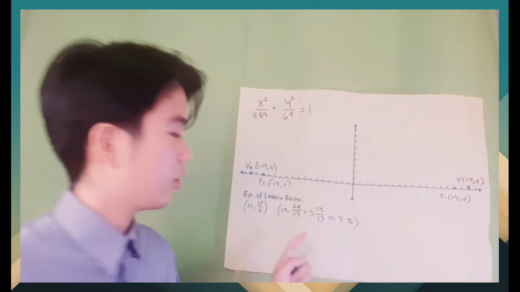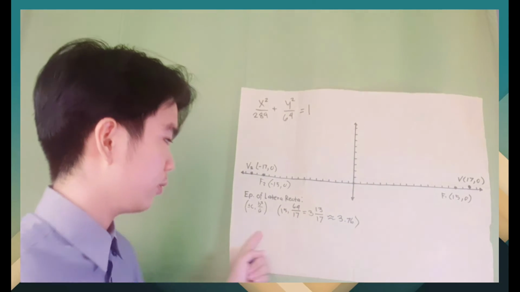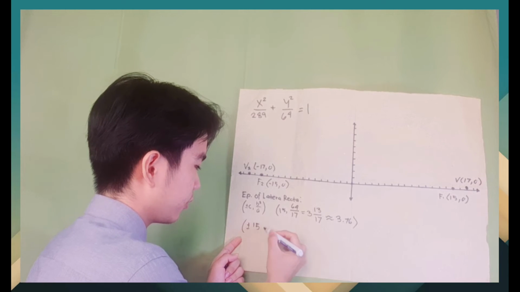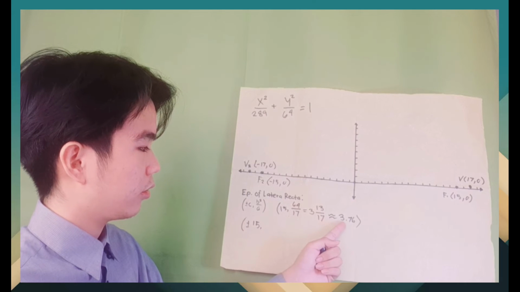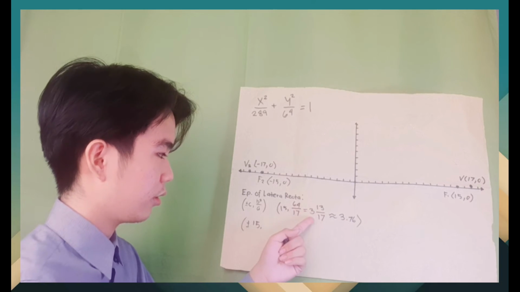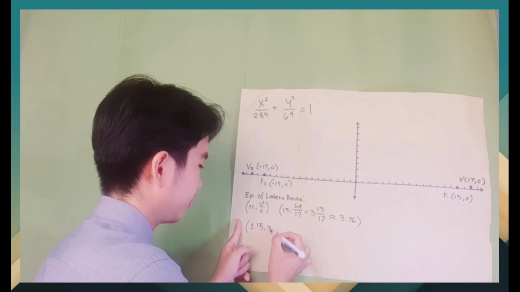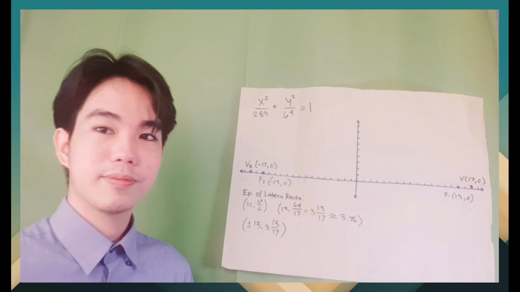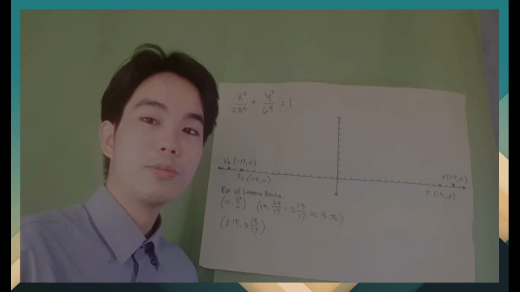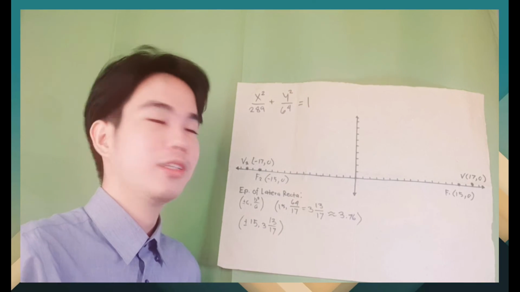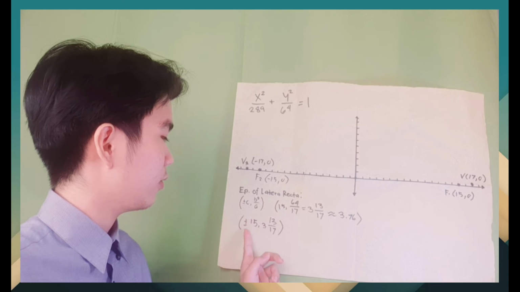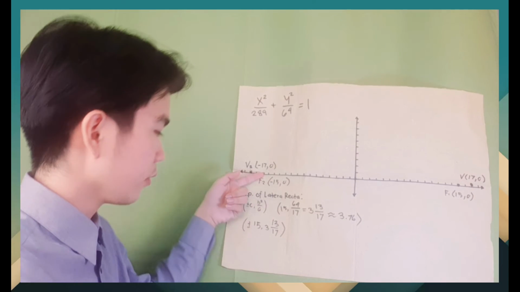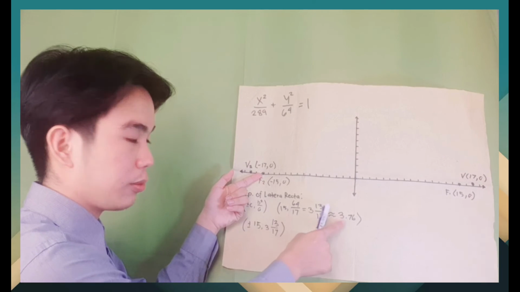So our endpoints of the latera recta will be plus or minus 15 and 3.76. The endpoint of the latera recta is located at plus or minus 15, so right here, and approximately 3.76.